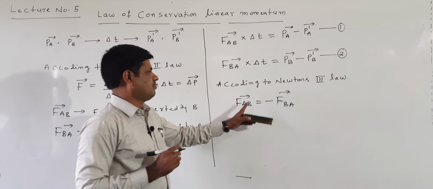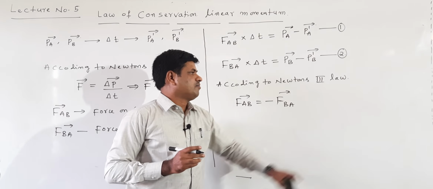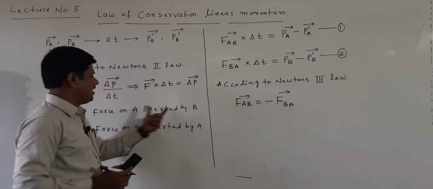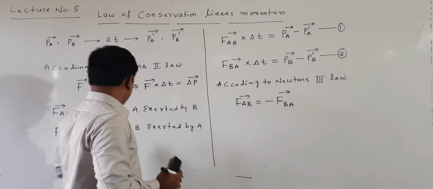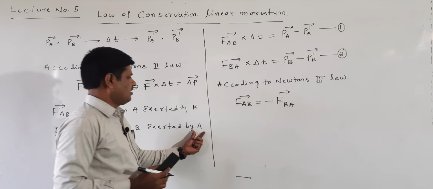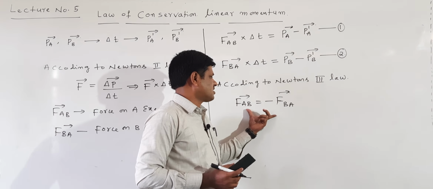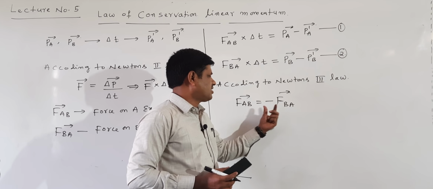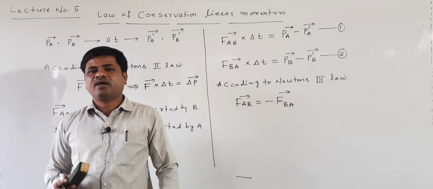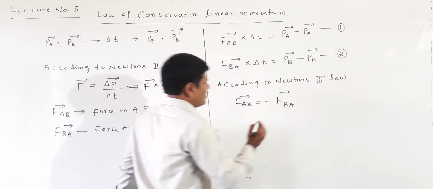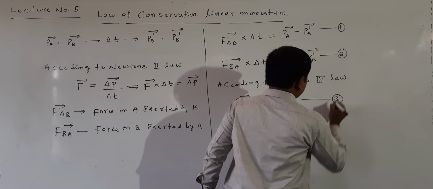The force on A exerted by B is equal to the force on B exerted by A, but both are in opposite directions, since this is the action and this is the reaction. That's the reason we take the minus sign here. This is given as equation number 3.